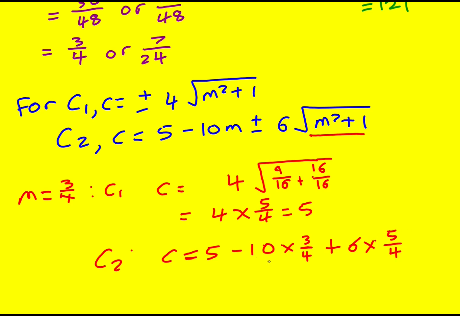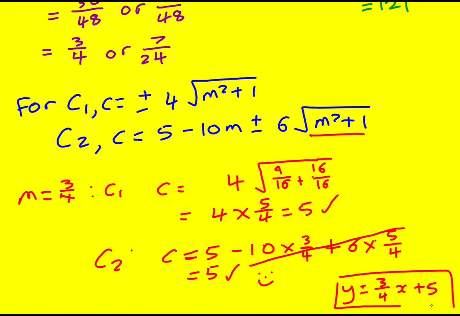Now both of these are 30 minus 30 over 4 and 30 over 4, so they cancel, leaving me 5. And that is going to be another solution then, because I get 5 for both. Y equals 3/4 x plus 5 is my second tangent.